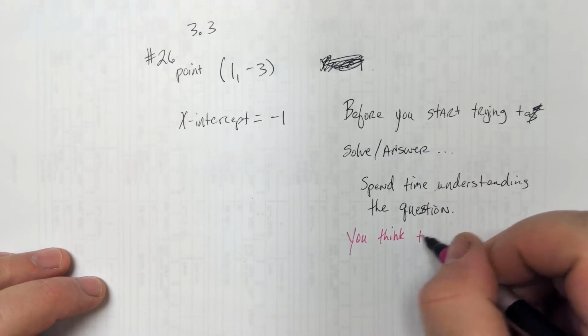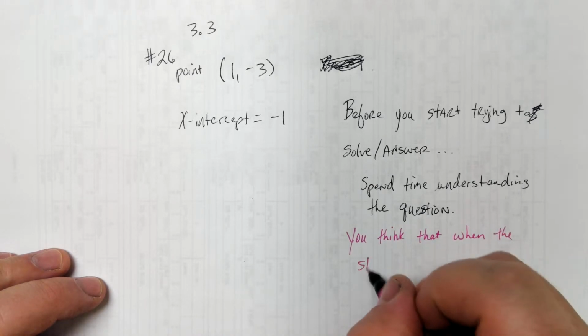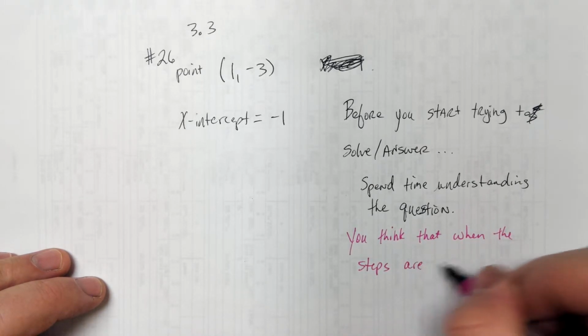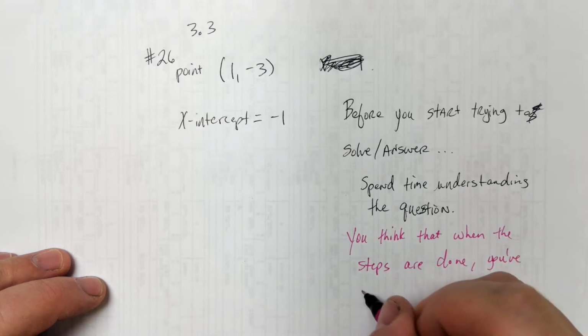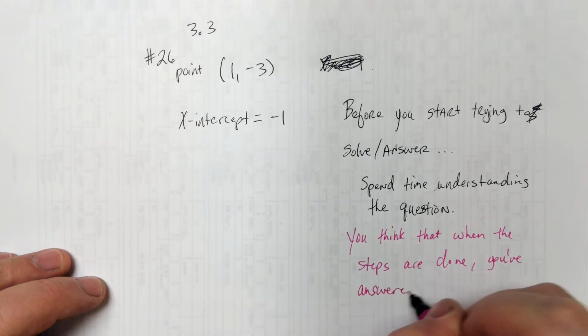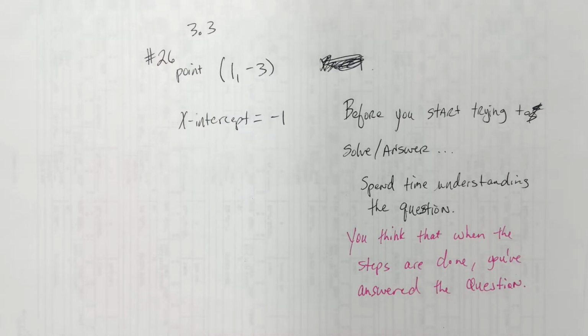You think that when the steps are done, you've answered the question. But that's not true at all. What if you were doing the wrong steps? Then you didn't answer the question.